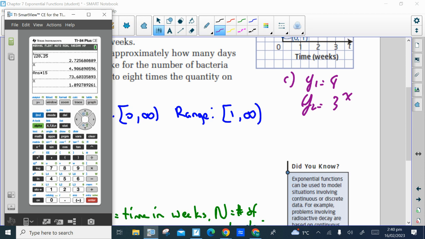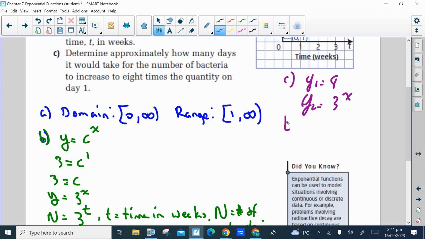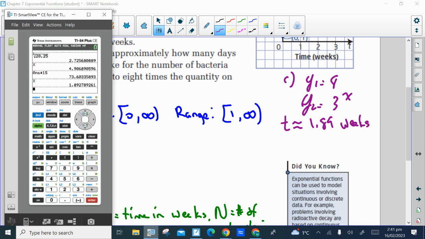So that's approximately how many weeks, because remember, it's the time in weeks. So t is approximately 1.89 weeks. And if we multiply that by 7 to get the number of days, approximately 13.25 days.